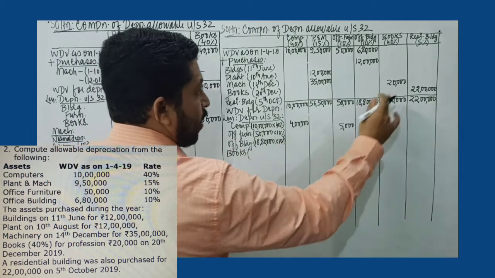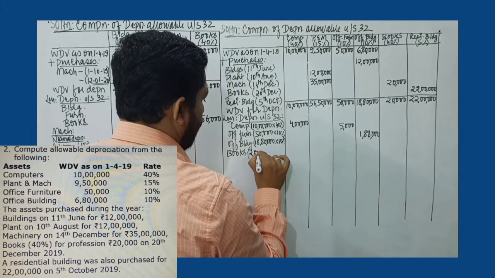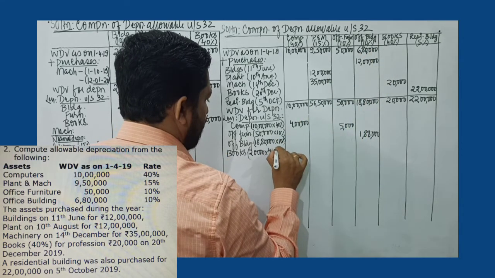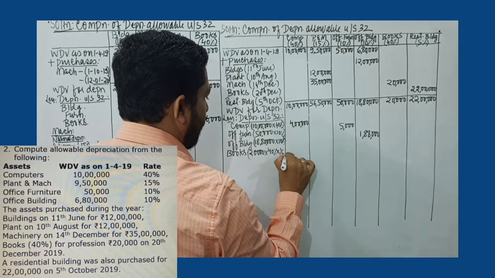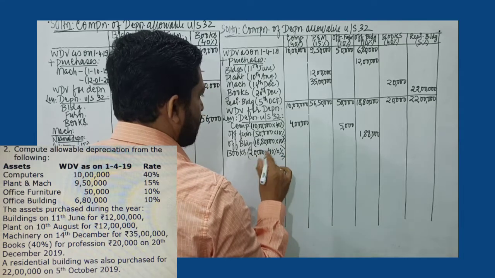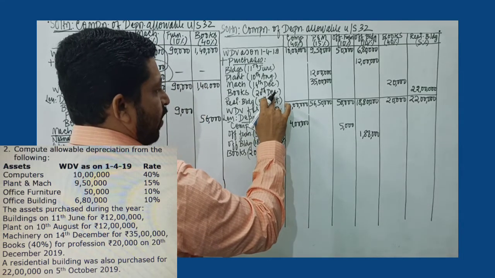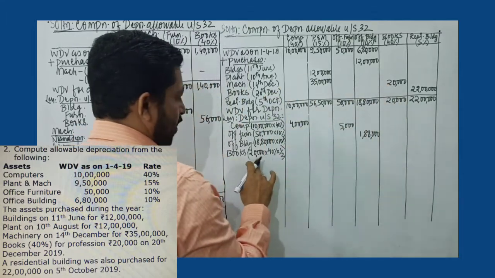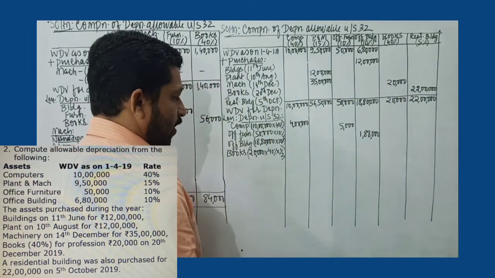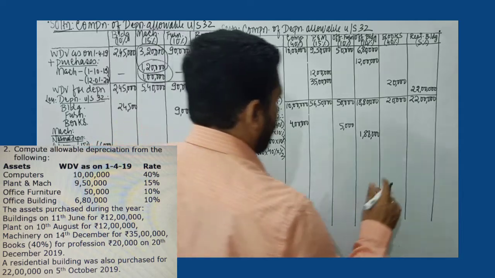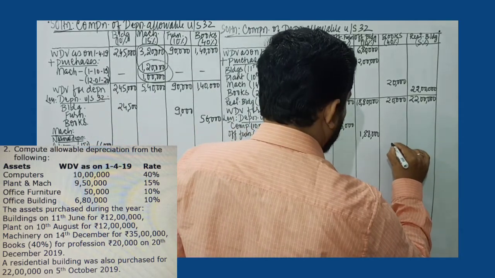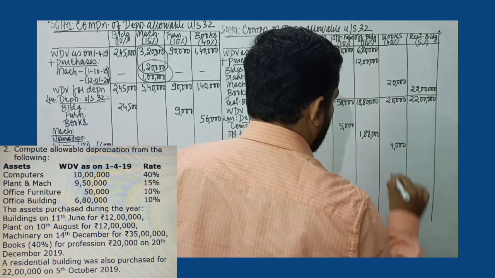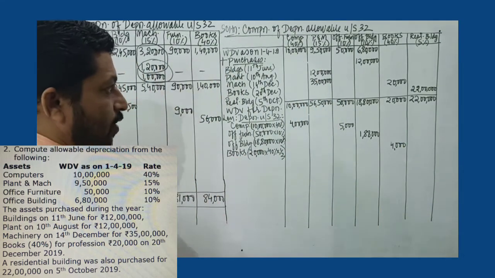So on that 20,000 block value of books, we are going to calculate depreciation at 40% and that will be for half the year, because it is purchased and put to use for less than 180 days. So 20,000 into 40% is 8,000. Half of that is 4,000 rupees. So depreciation on the block of books is 4,000.